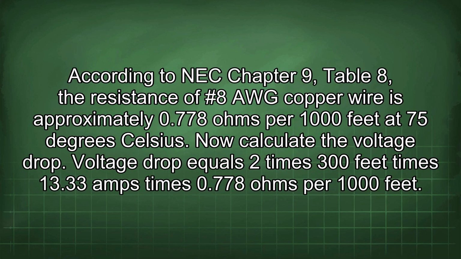According to NEC Chapter 9, Table 8, the resistance of #8 AWG copper wire is approximately 0.778 ohms per 1000 feet at 75 degrees Celsius. Now calculate the voltage drop. Voltage drop equals 2 times 300 feet times 13.33 amps times 0.778 ohms per 1000 feet.